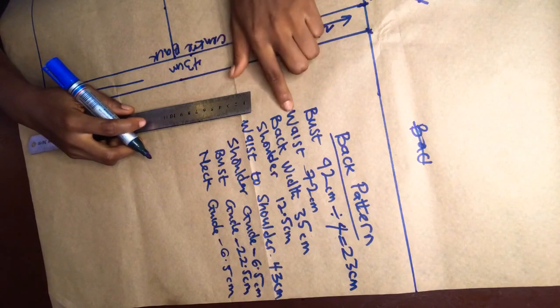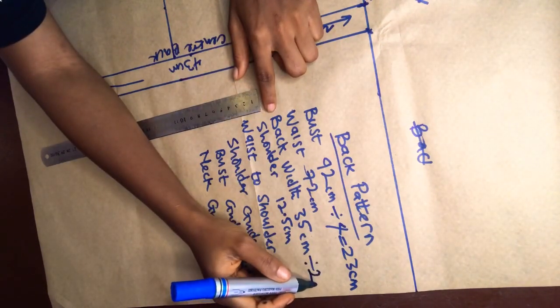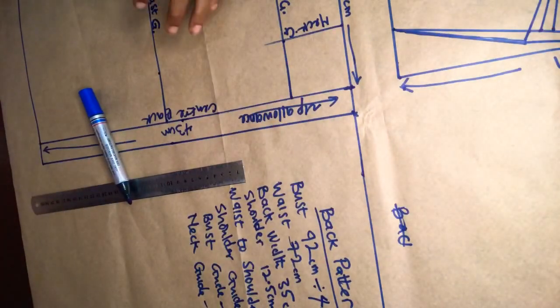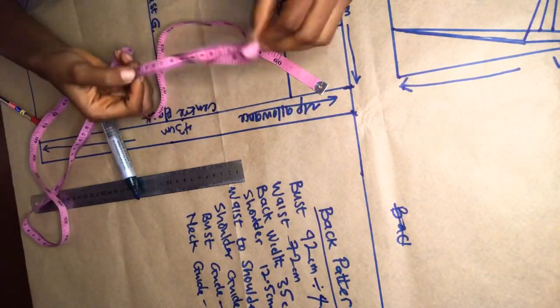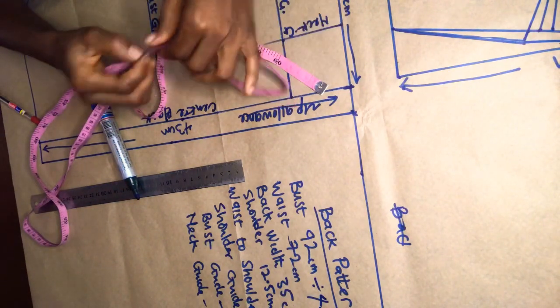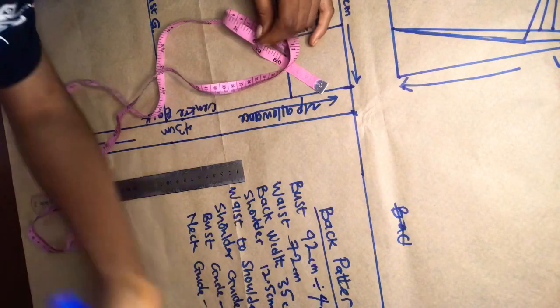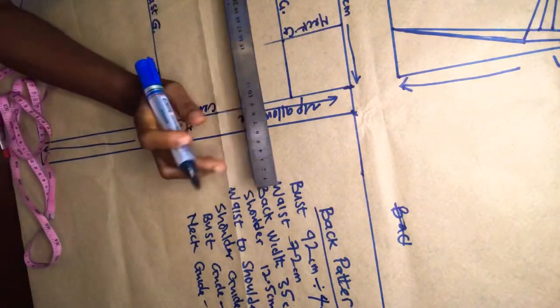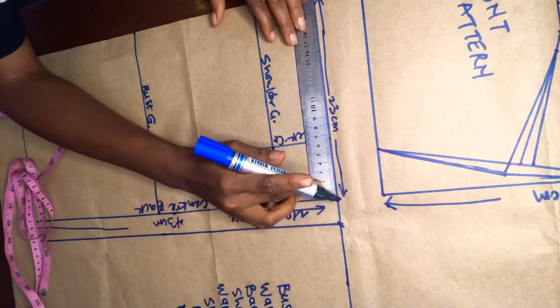And I'm going to be making use of the back width divided by 2, same way we divided the chest width. So the back width is 35 centimeters. Now I've divided it by 2 and I'm marking it out.